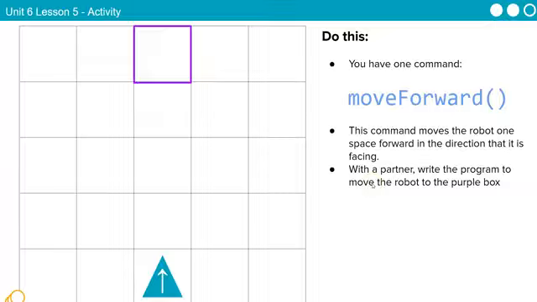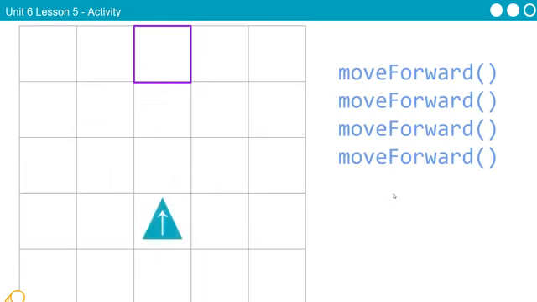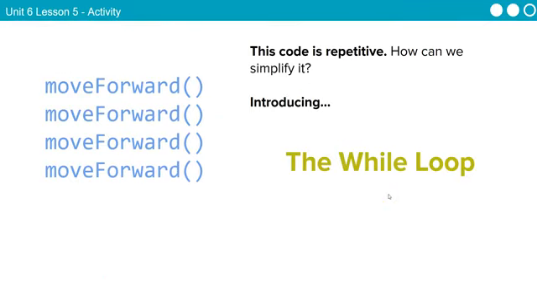So the goal is to get the robot from this starting square up to this purple square. Obviously, to do this, we would just call move forward 4 times, right? It would move forward one spot each time, and we would end up in this purple square. So this introduces our first loop.